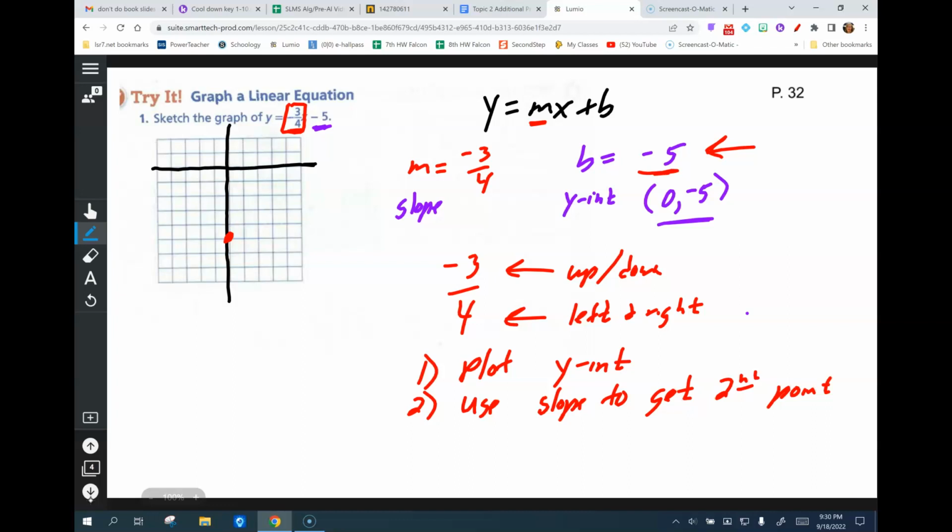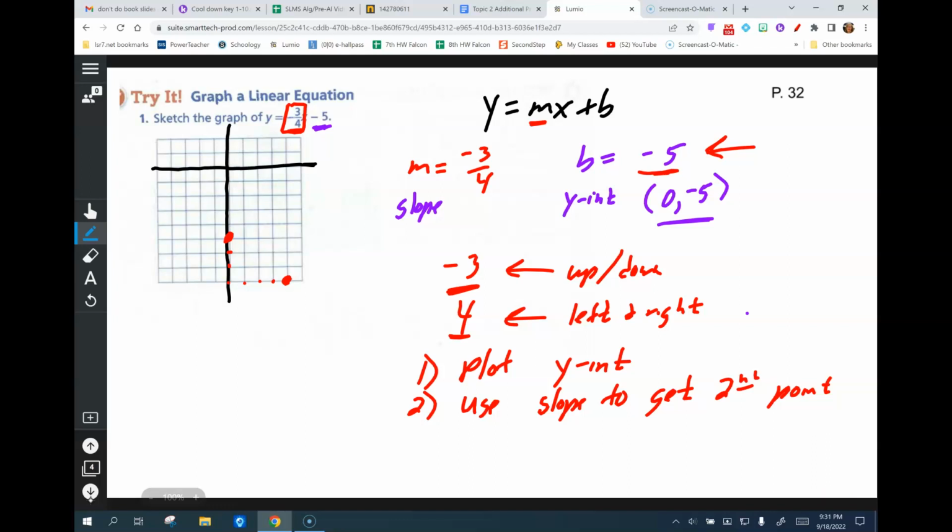You'll find out in your homework you can actually get it done in 2 points, but I think 3 points just kind of clarifies. So here we go. Start right here, and we're going to go down 3 because it's a negative 3. We're going to go down 1, 2, 3, but that's not our point because now we have to go to the right 4. 1, 2, 3, 4. There's our next point. Okay?